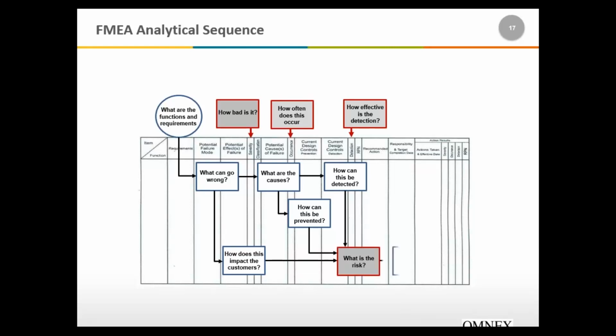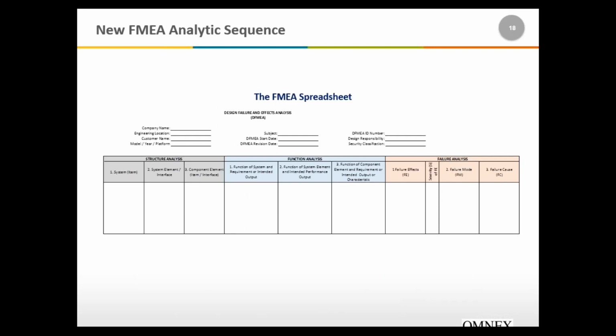This is the way the current FMEA works. Then we have an RPN number, and then we come up with recommended actions. And that is the way the current FMEA works. What about the new FMEA? Again, the new FMEA has the focal element, the one in the middle.